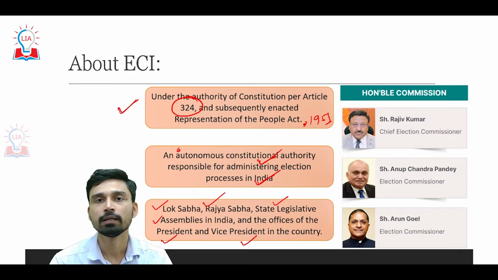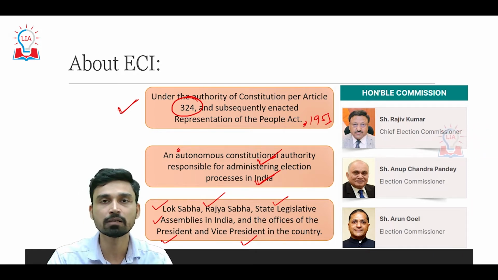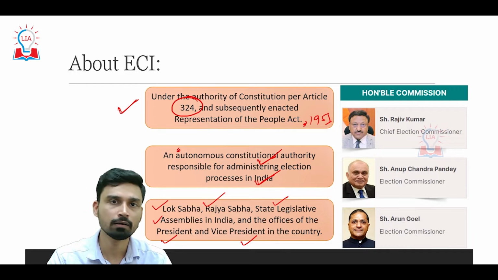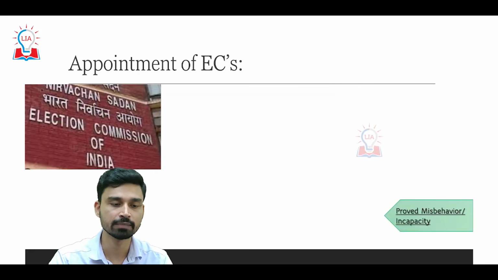To make sure, you have to understand that the elections at the panchayat level or the municipalities level in a state are not under the domain of the Election Commission of India. Rather, they are taken care of by the state election commissions of the individual states themselves.